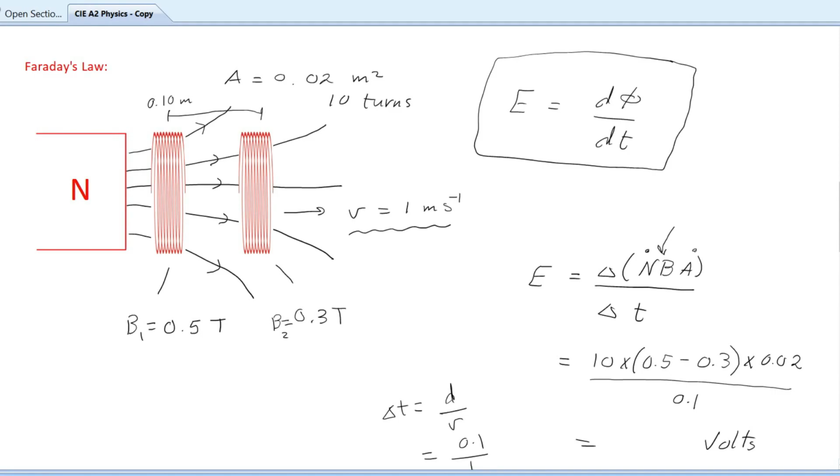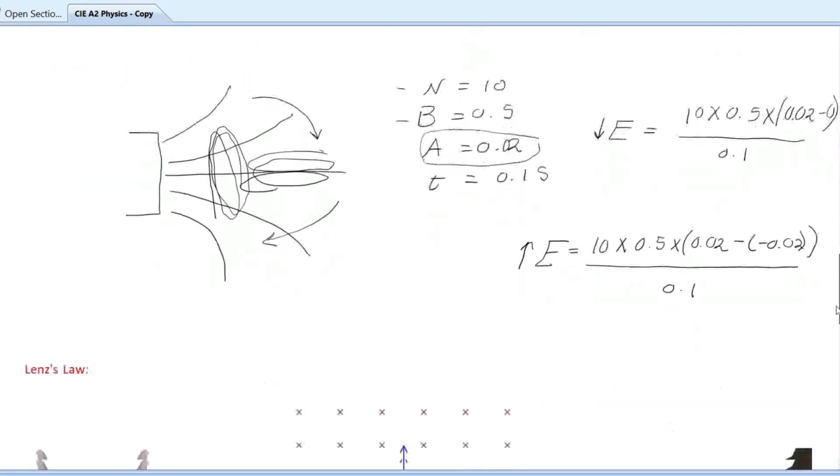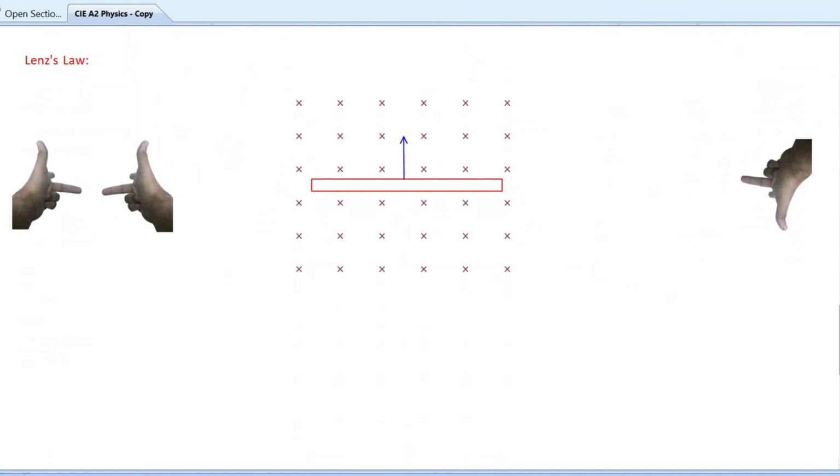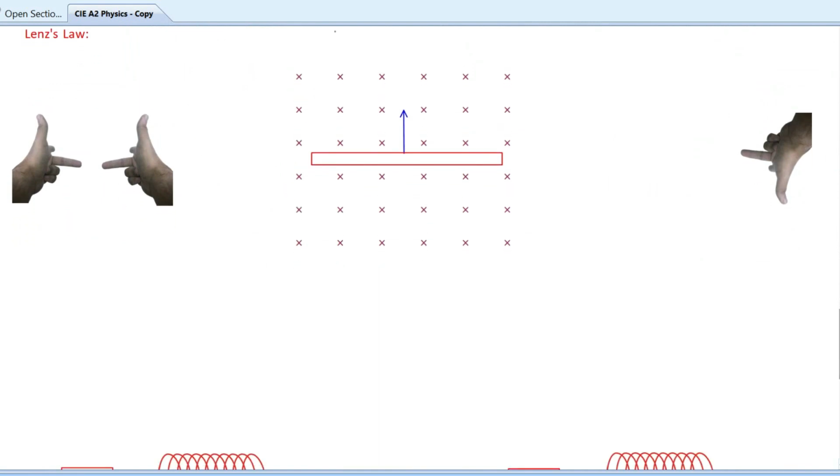Now, let's see the effect of this current on the motion. We said that for the above example, the induced current in a conductor moving upwards in a magnetic field pointing into the page is to the left.